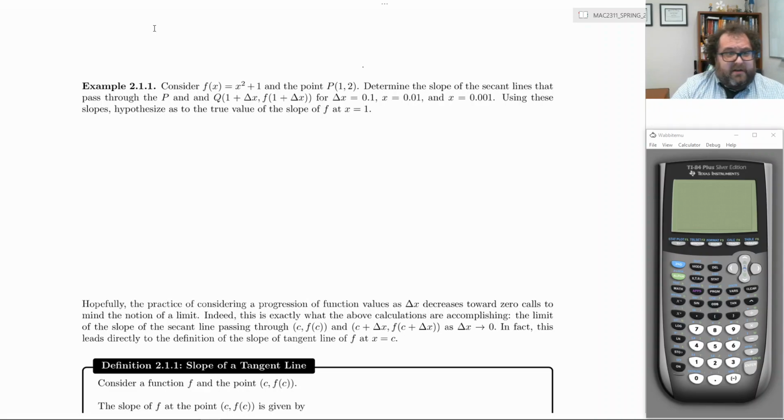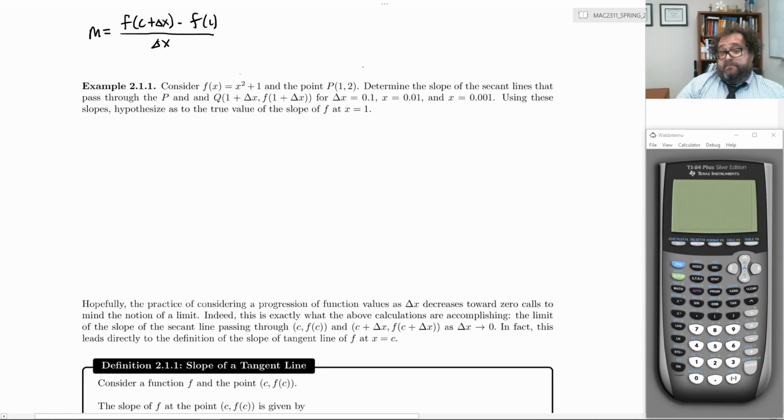So we're using the slope formula from the previous page. Okay, now I'll jot it down here so we can all see it. So the slope formula from the previous page was m equals f of c plus delta x minus f of c over delta x.